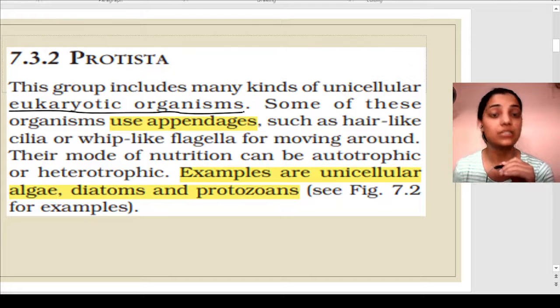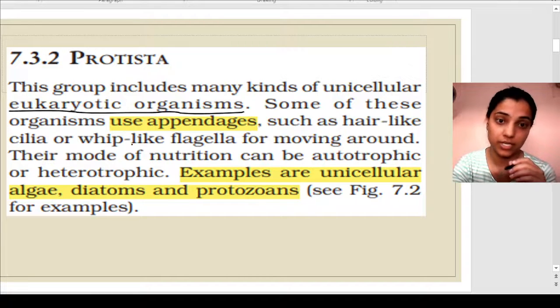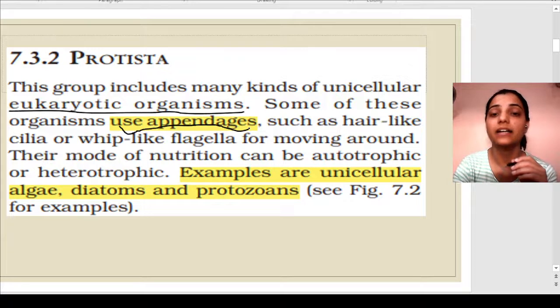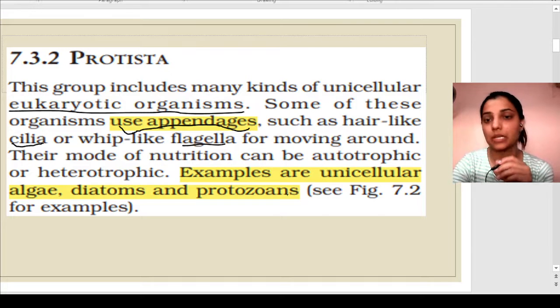Now some of these organisms use appendages. I have highlighted that. They have something special to move. Such as hair-like cilia and whip-like flagella for moving around. Now, their mode of nutrition can be autotrophic or heterotrophic.